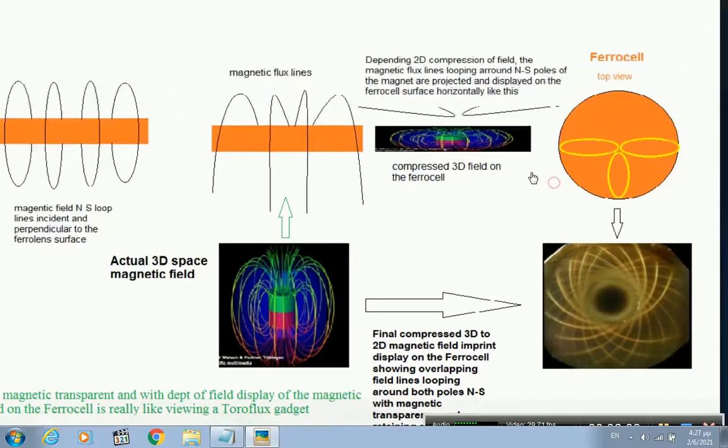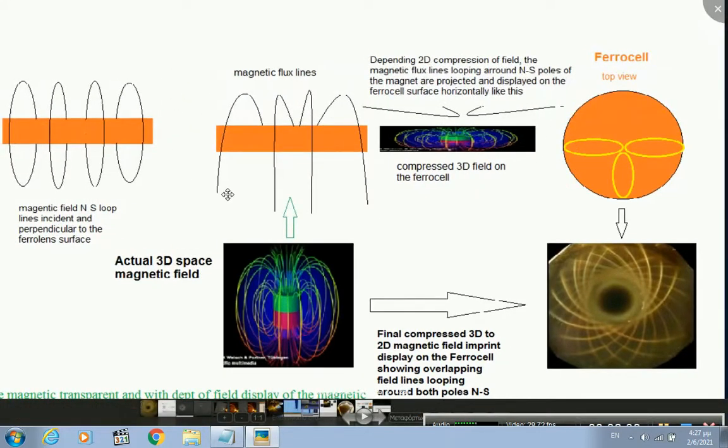I remind you again that a ferrocell is not like the plain, flat, poor picture we get with iron filings, which many people are very familiar with and cannot think of anything else. The ferrocell has depth of field information; it's a compressed 3D image, but not completely compressed to a 2D imprint of the field. So that makes the whole confusion.